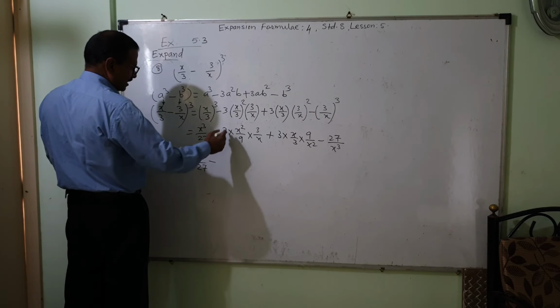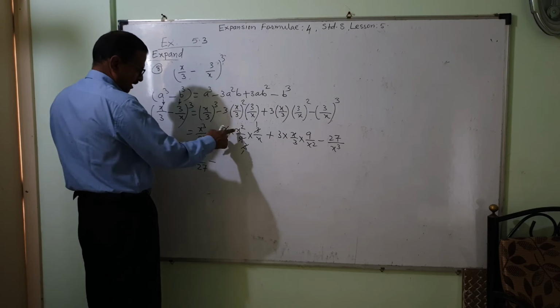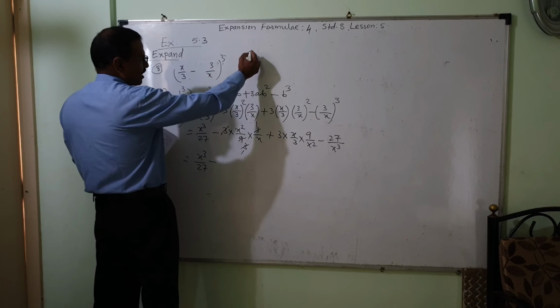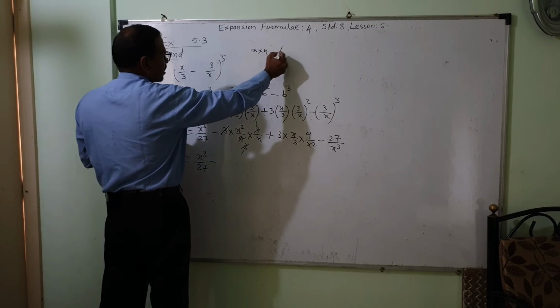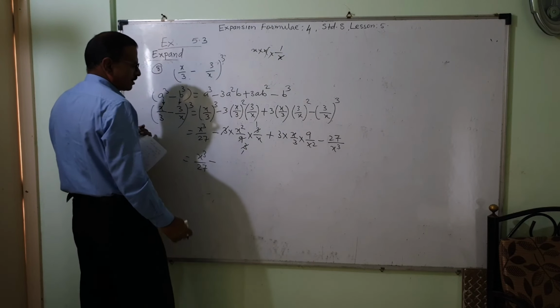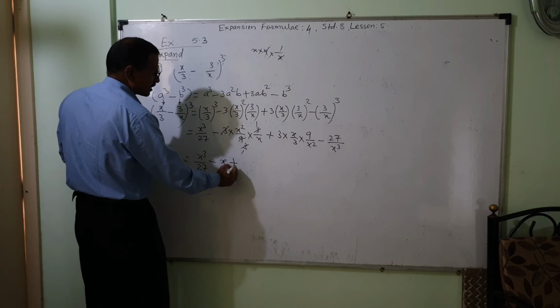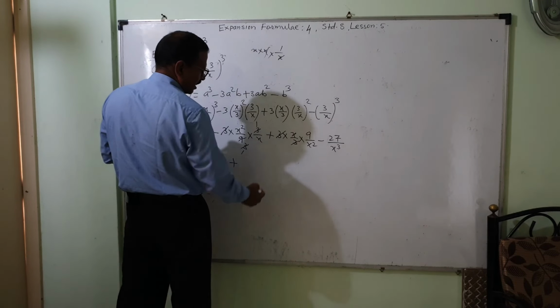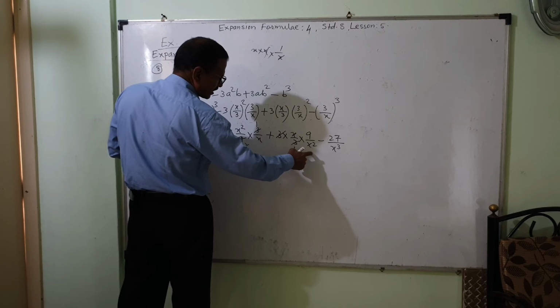Now I can cancel this. 3 one time is 3, and these are x². X² means x into x, into here it is 1/x. This will cut, this will cut. So what will remain? x will remain. Plus, now 3 one time is 3, this cancels, so 1x will be cancelled from this.